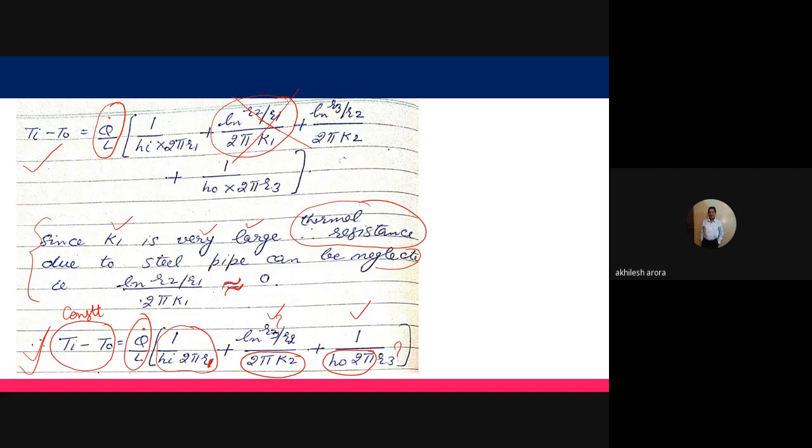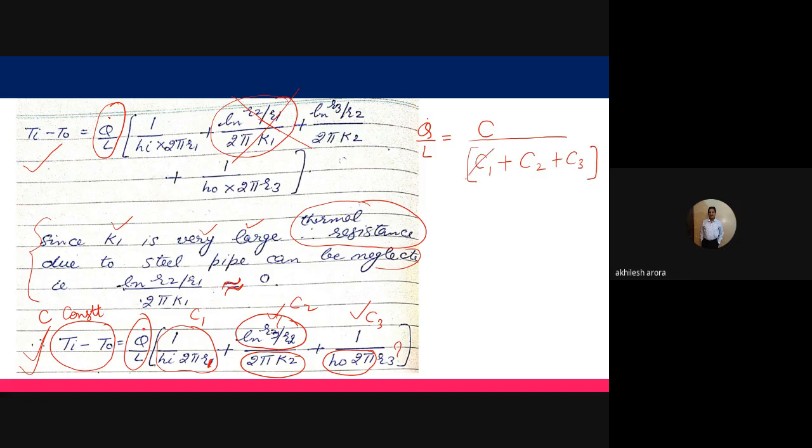So we have two terms. In one term, it is log natural R3 by R2. Let us say this is C1, this is C2, and this is C3, constants, and let us say this is C. So the value of Q dot per unit length can be written as C divided by C1 plus C2 plus C3.